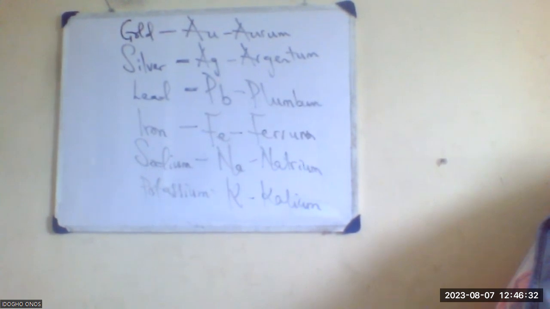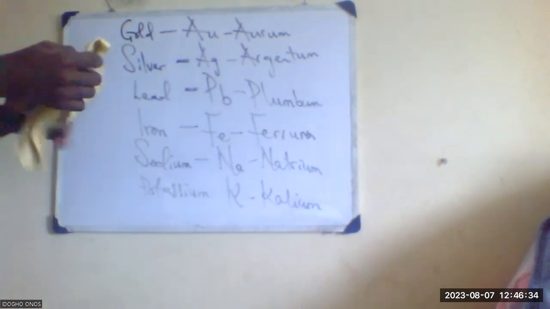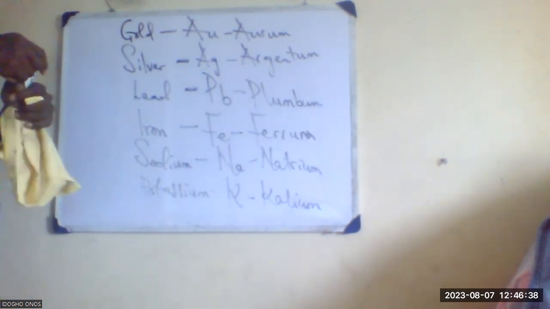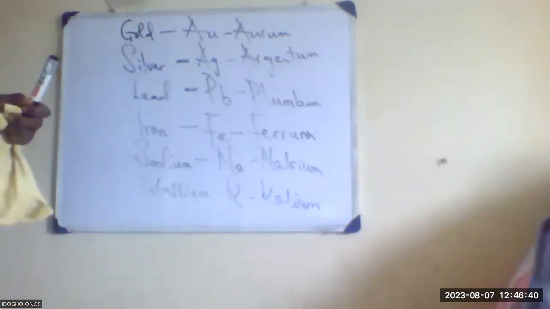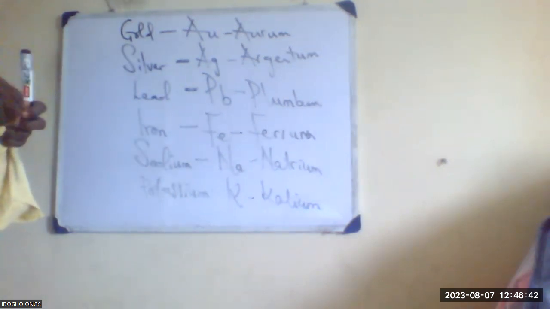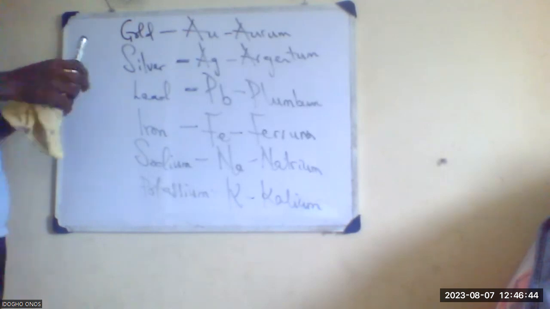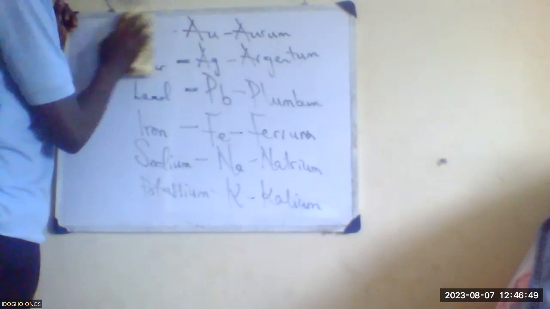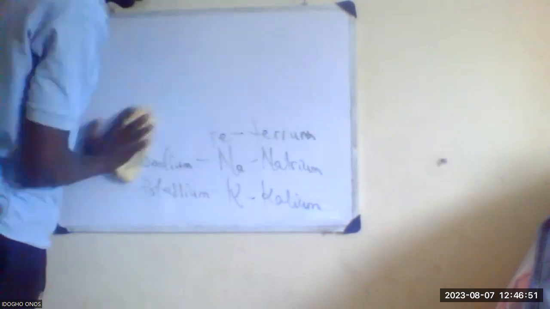Any question before I move on to the next thing? Okay, in the absence of any question, I believe we are good to go. The next thing we'll look at now is formula of compounds.